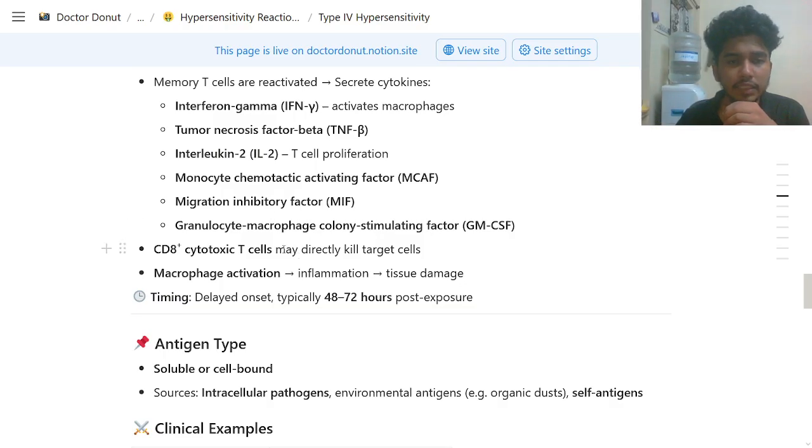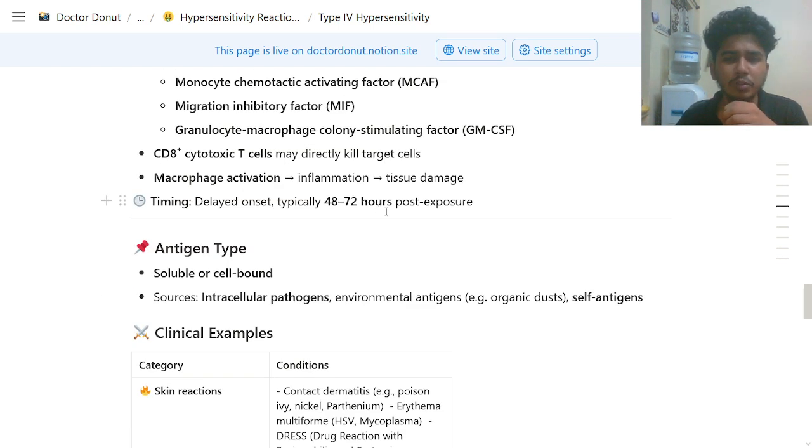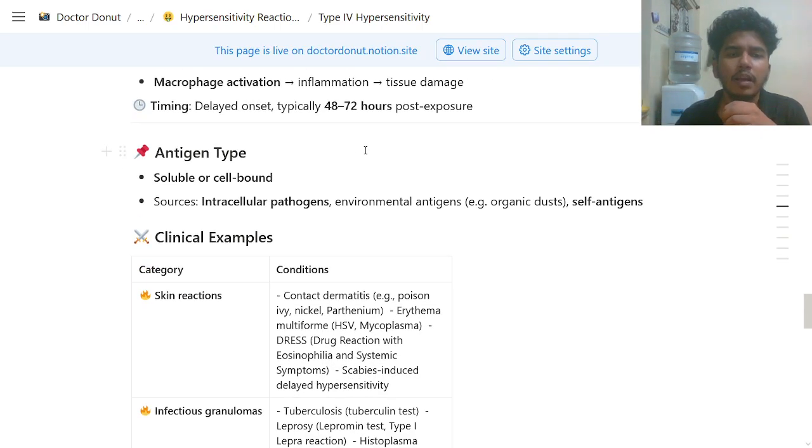The CD8 cytotoxic cells may directly kill target cells, and when macrophages are activated, they lead to inflammation and tissue damage. So it's a delayed onset, 48 to 72 hours post exposure. Now the antigen here can be soluble or cell bound. Sources could include intracellular pathogens, environmental factors, or even self antigens.